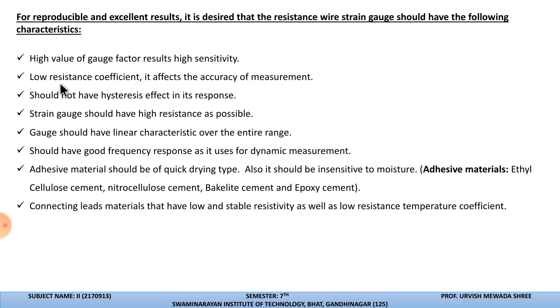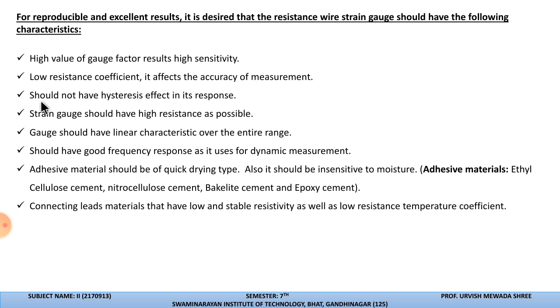So this is the second characteristic that must be satisfied. The third characteristic is that it should not have a hysteresis effect in its response. If a hysteresis effect is present in the strain gauge, it can generate error.